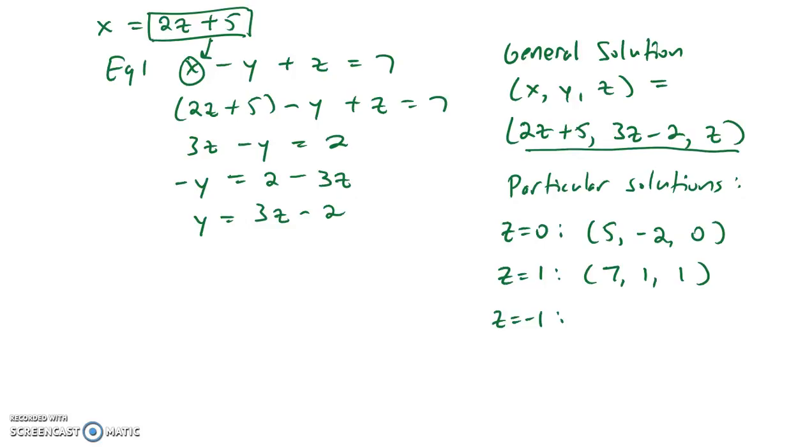That would give me negative 2 plus 5 is 3. Negative 3 minus 2 is negative 5. And z is negative 1. So you see that this general solution generates an infinitely large solution set of the original system of equations.